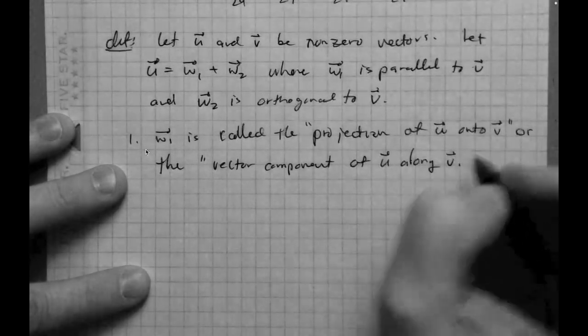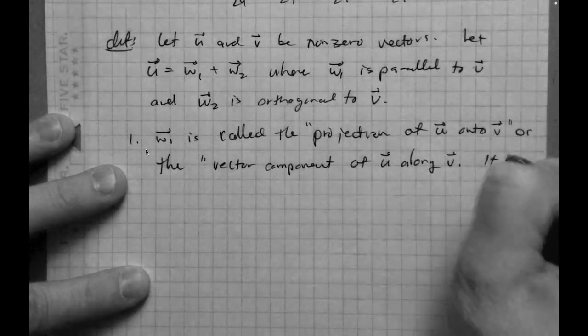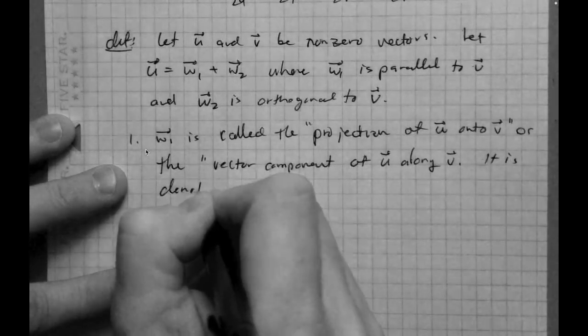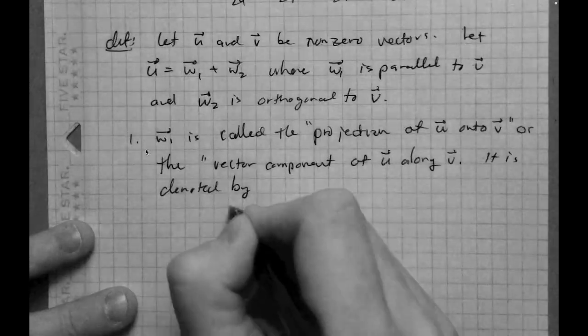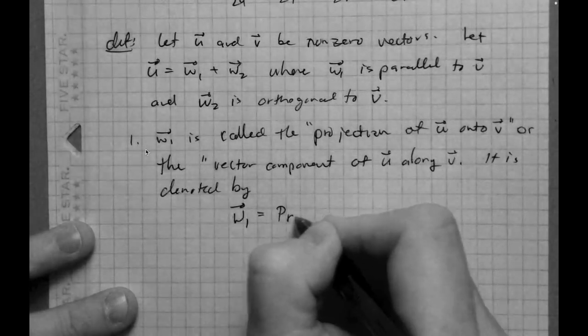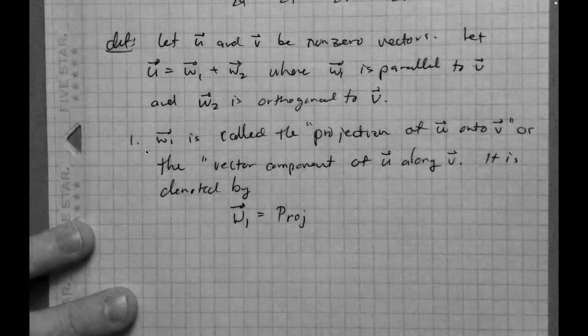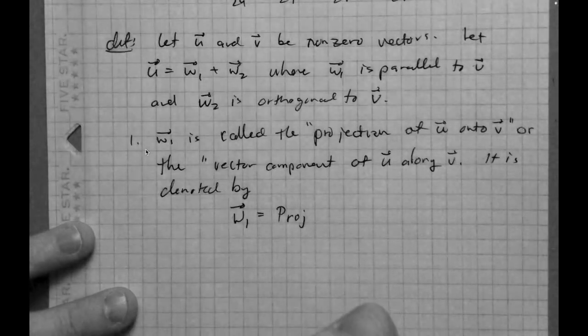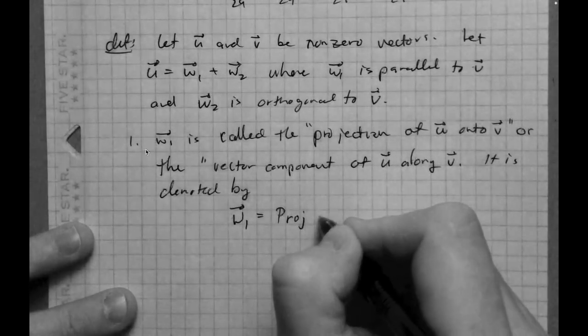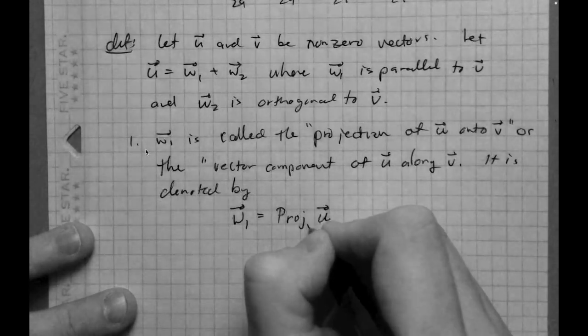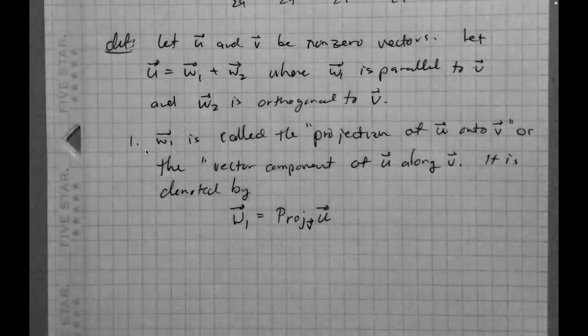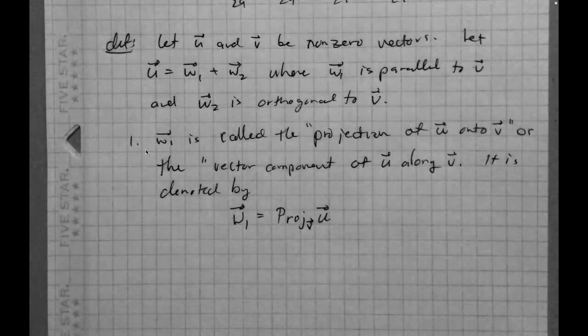It is denoted by w1 equals, and then literally the word proj, the projection of u onto v. Kind of some ungainly notation there.